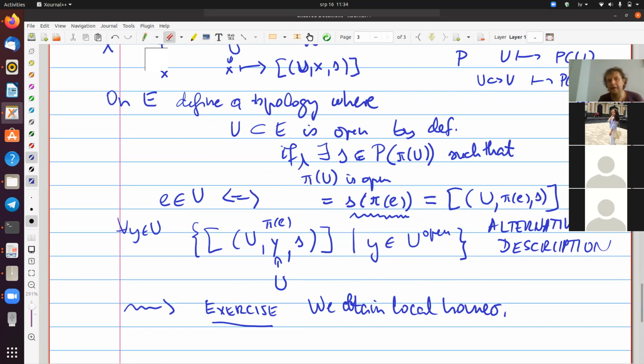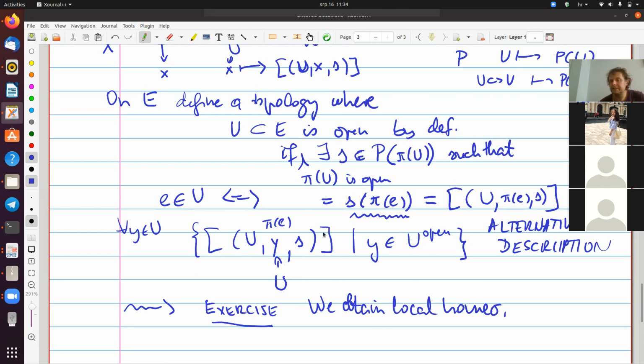Now you have to look at the topology of this. Downstairs you have U, and upstairs, basically, you have the same. It's kind of obvious. You take open subsets, and you have again sections, and restrictions, and so on.